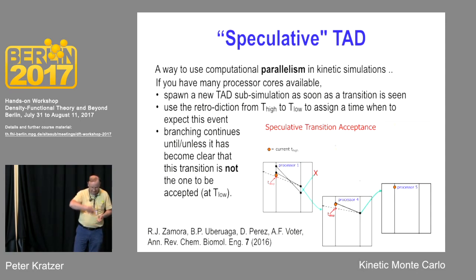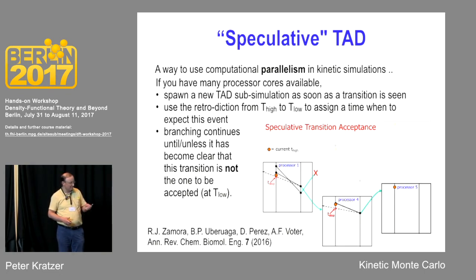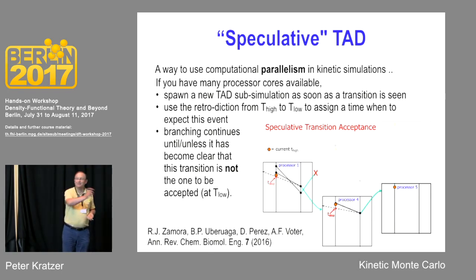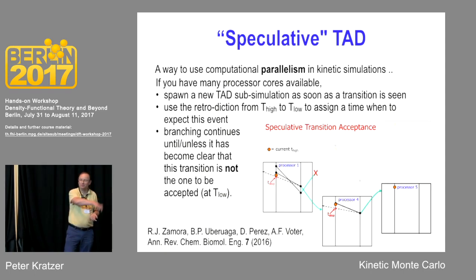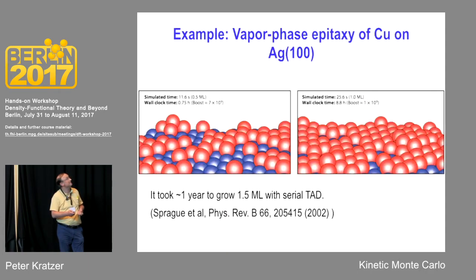And after you have collected so and so many possible processes, then you do the Monte Carlo selection based on the downscaled rates. So you select one process, and at that time the other processes become obsolete, so you stop the simulations. This is why it's called speculative TAD. You only use these parallel processors in case this process is selected. If it's not selected, you just discard them. But this allows you to speed up the TAD method considerably.